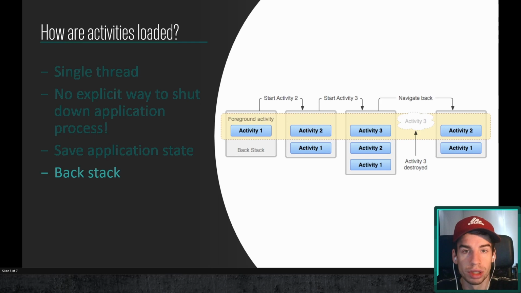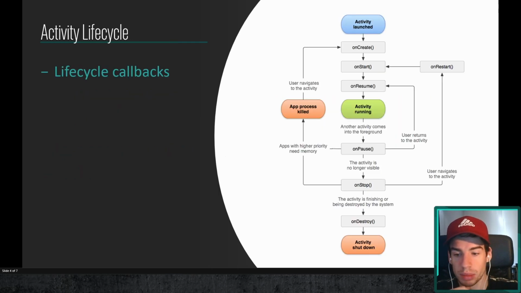So when does Android decide to destroy certain things, and when does it just keep it in the backstack? Well, it does that based on something that's called the activity lifecycle. And here on the right we see the complete lifecycle of an activity. So let's go through this. We see here in the top that when we launch an activity, we go through 3 lifecycle callbacks, namely onCreate, onStart, and onResume.